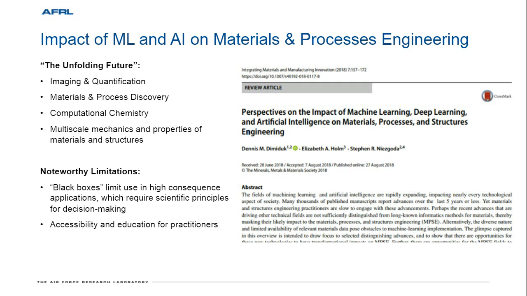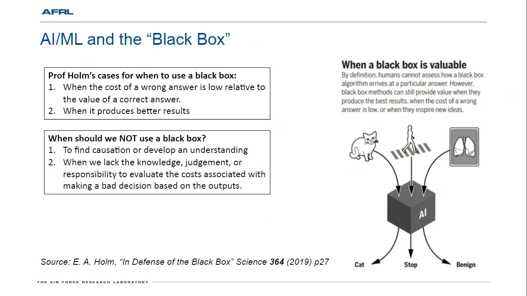That's a pretty big challenge. Further, there are limitations in accessibility and education for practitioners in using them. There are risks associated with using machine learning and coming out with the wrong conclusions, which I'll go into with a humorous anecdote in just a moment.